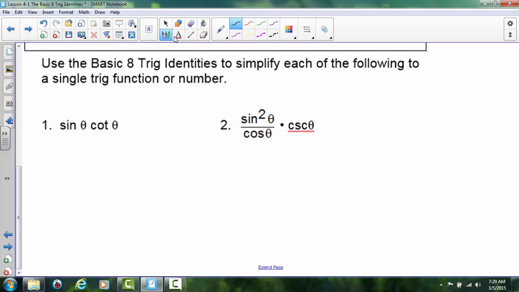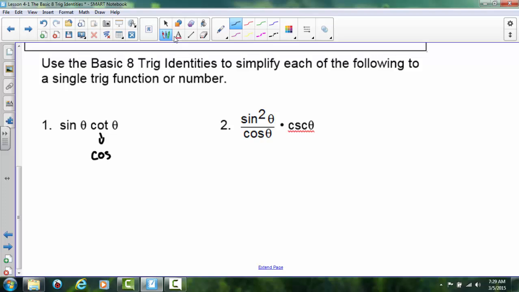I tend to try and simplify the things not sine or cosine when I start. So for this sine theta, I know that that's equal to 1 over cosecant, but cosecant, I don't know how that relates to cotangent. But I do know that cotangent theta is equal to cosine theta over sine theta.